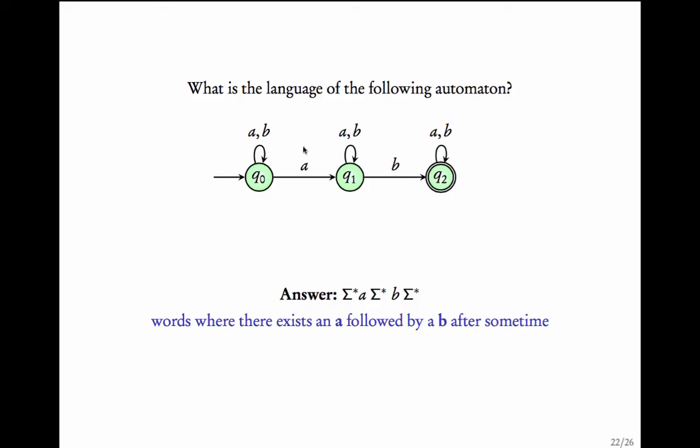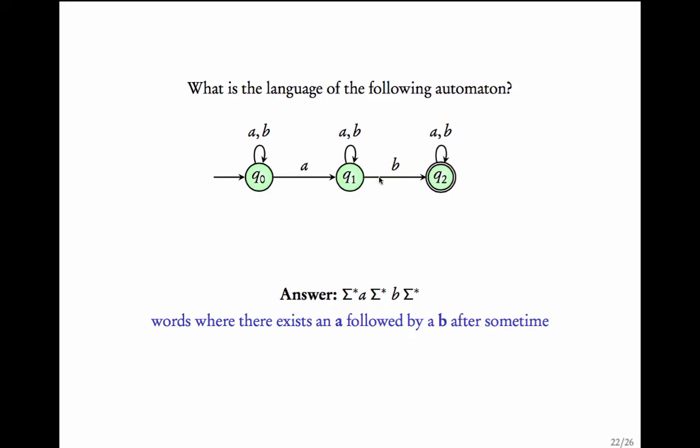For example, this automaton can never accept a word that consists only of B's. If it had been just B, B, B, B, B, my automaton would have stayed in Q0 and it is not accepting. So B would not be accepted by this automaton. However, if I had say BBABBB, it accepts.